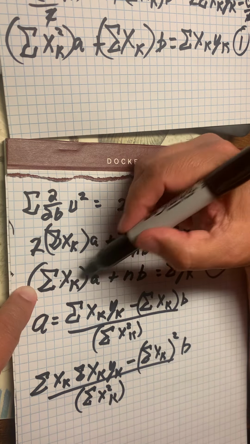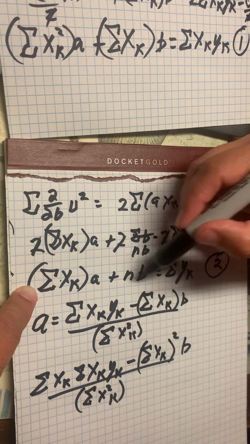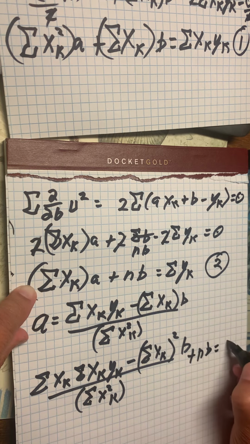So we did the first term, xk times a of all this, plus nb equals summation yk.